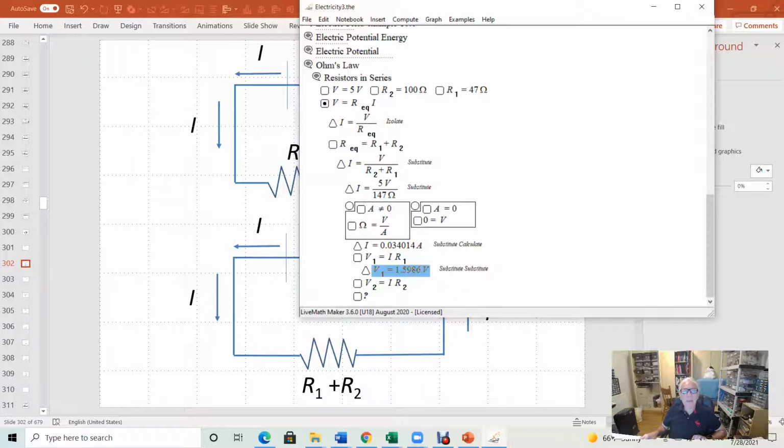Remember that the V is 5 volts, right? So V2 should be 5 volts minus this value. Okay? So there is a larger drop in voltage through resistor 2 because it has a higher resistance. Let's do the math. R1 is here, R2 is right in here.